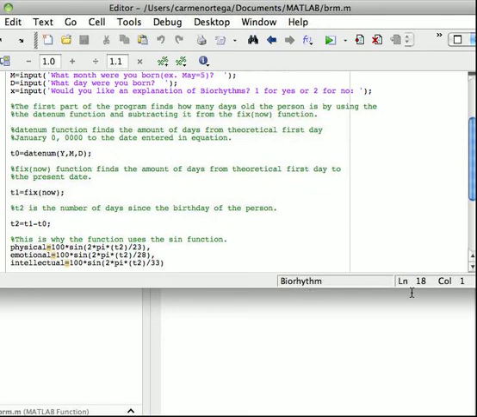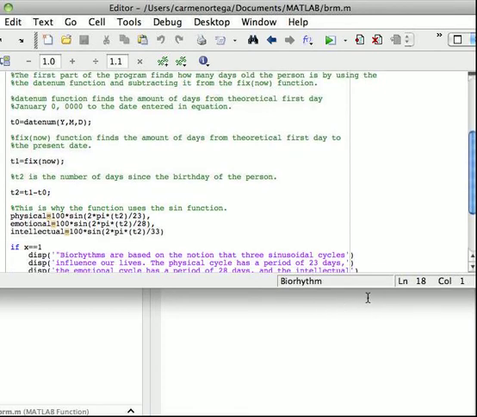T2 is then the number of days since the birth date of the person, because it is the subtraction of the amount of days from the theoretical first day to the birth day from the fix now days. The T2 is then put into the three equations that are said to give the physical, emotional, and intellectual levels of a person, and they are multiplied by 100 to give the percentages.